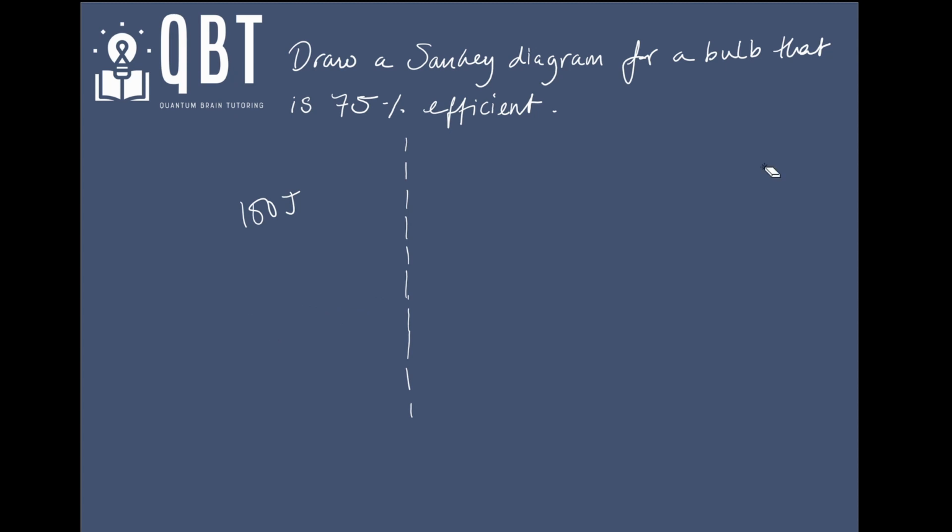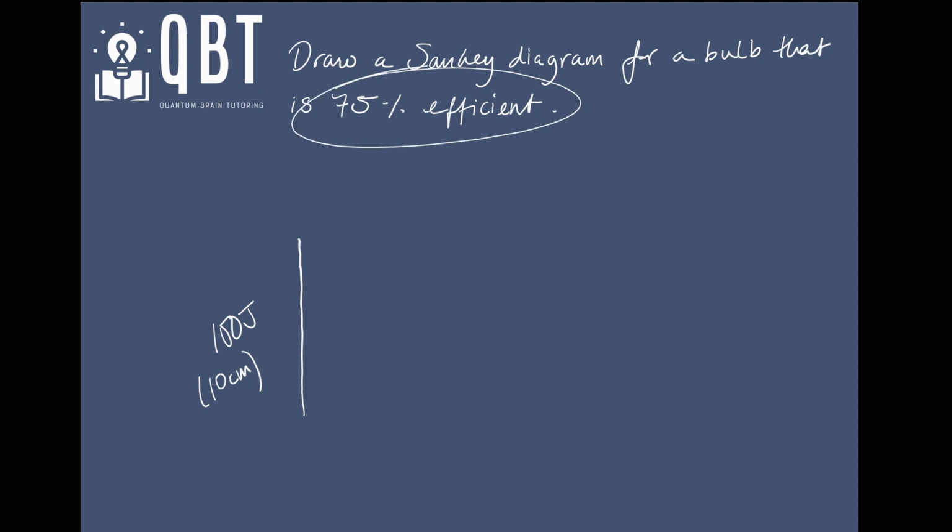You need to have a scale when you're doing your Sankey diagrams. So let's say that 1 centimeter is equal to 10 joules, and let's say that this is my 10 centimeters. I know that it's not completely accurate, but let's say that that's 100 joules. Now, if we look at this question where my efficiency is 75%, that means that 75% is going to be useful energy.